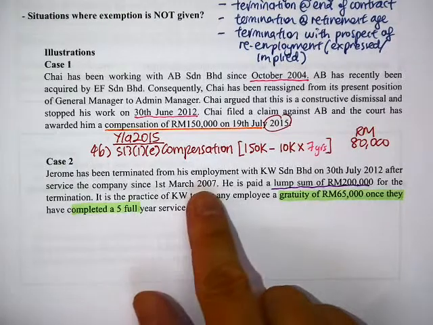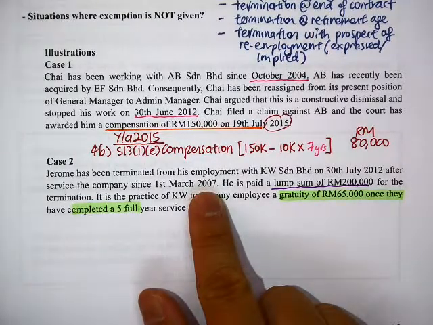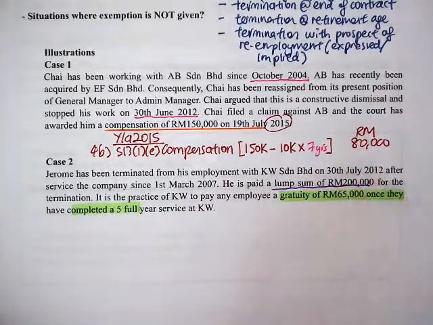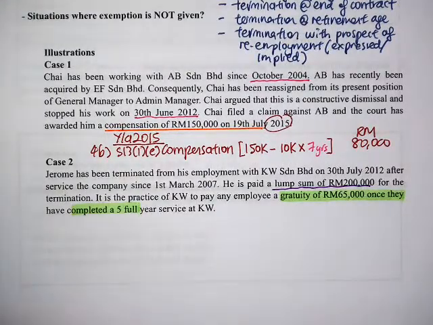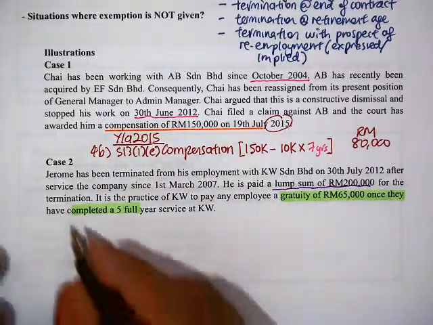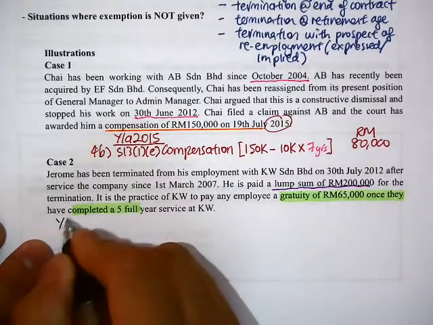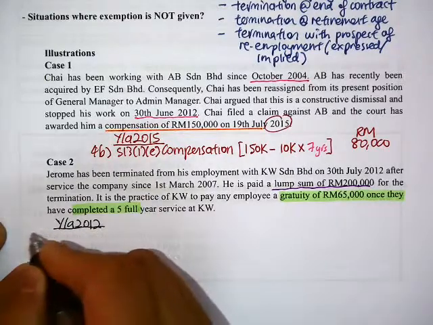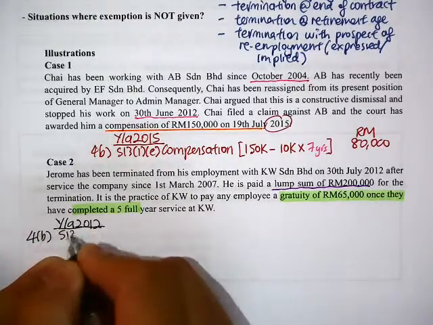07 you start, right? So 8, 9, 10, 11, 12. Now until February is already 5 years. So you have more than 5 years. That means the 65,000 is understood that Jerome must be given this. So in that case, what will happen to Jerome now is you expect YA 2012. Now under his employment, there will be 2 things.